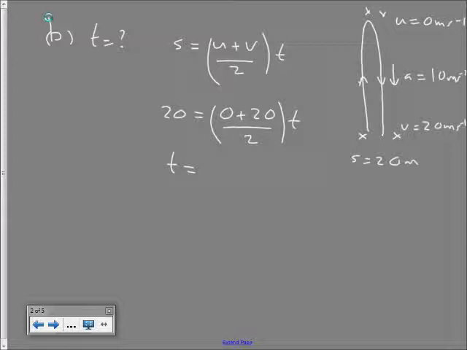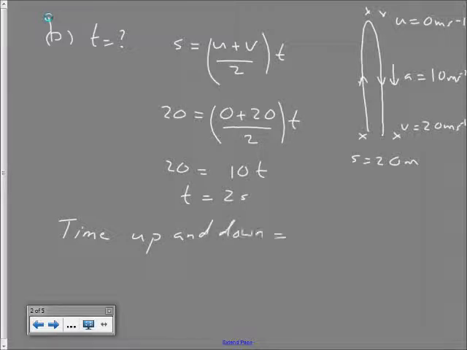Let's not take too many shortcuts here. 20 equals 20 over 2, that's 10 t. t equals 2 seconds. If we had used 9.81, it would have been slightly different to 2 seconds. So 2 seconds to the top. So time up and down equals 2 times 2 equals 4 seconds.